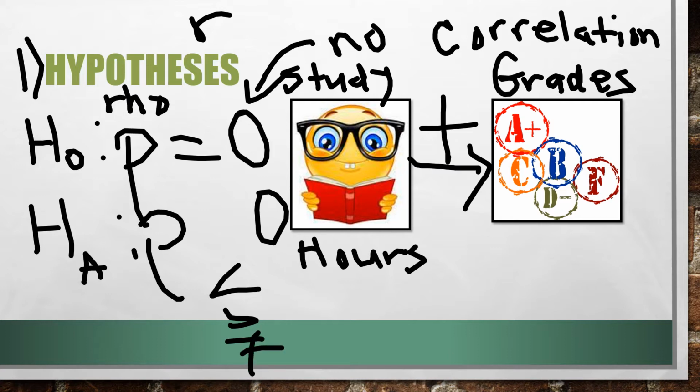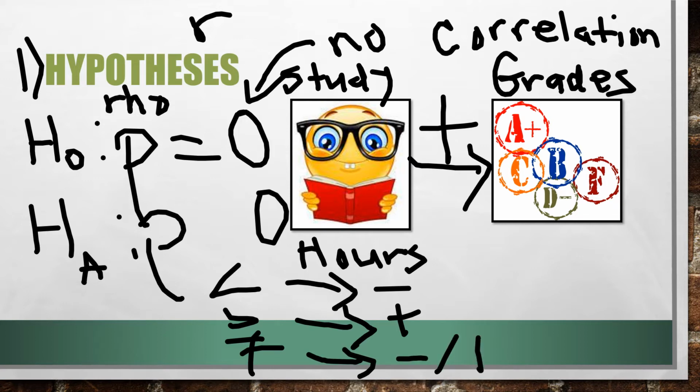If we think there's a negative correlation, then we would do the less than, because less than 0 is negative. If we think it's a positive correlation, then we're going to do greater than. And if it's a not equal sign, then that means it could be negative or positive. We're just hypothesizing a correlation, but we're not saying in what direction.